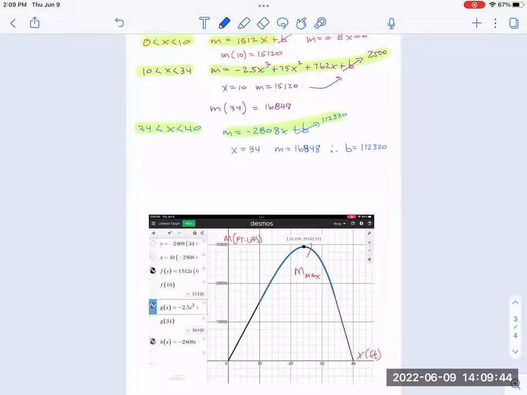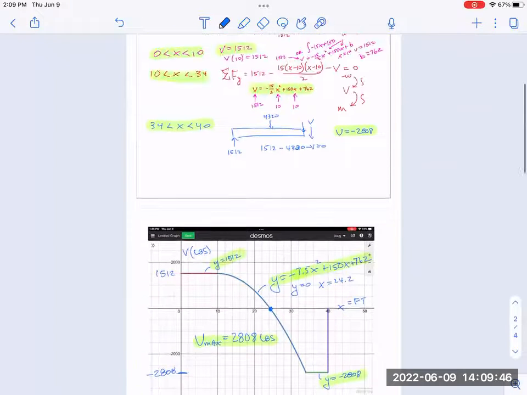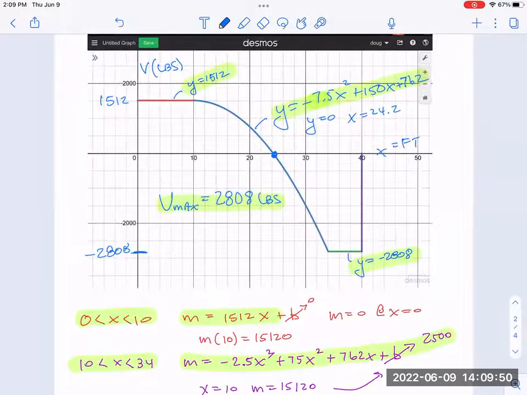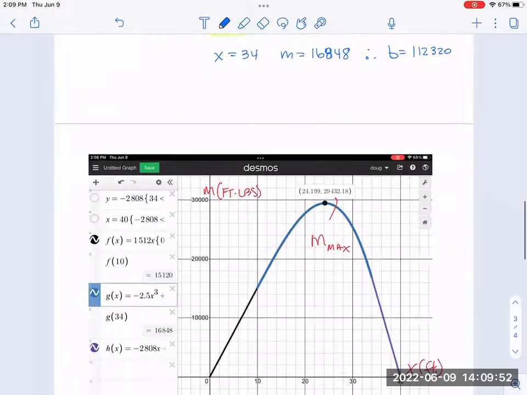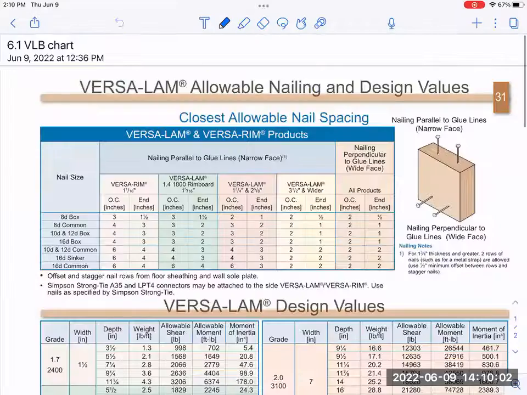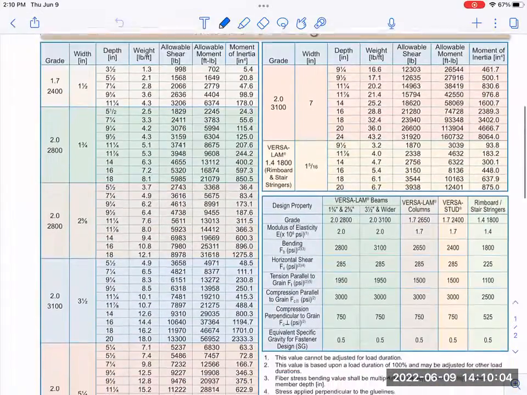Again, just because I think it's such a shame not to do this, but notice we got a V max, a shear max of 2808 and a moment max of 29,000. So it's like 2,800 and 29,000. So let's go to this chart, which I loaded since yesterday.